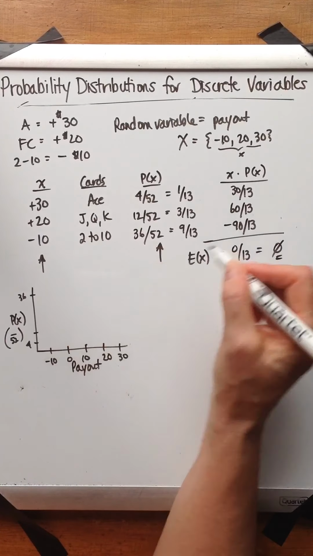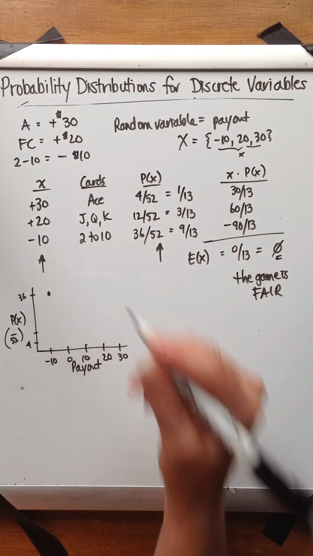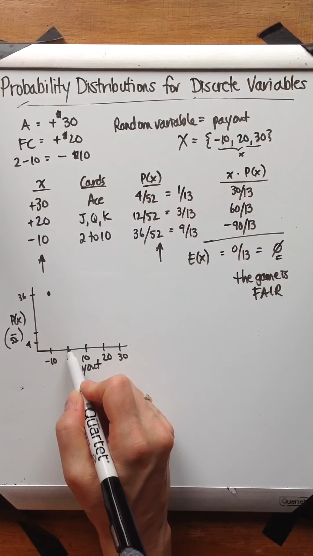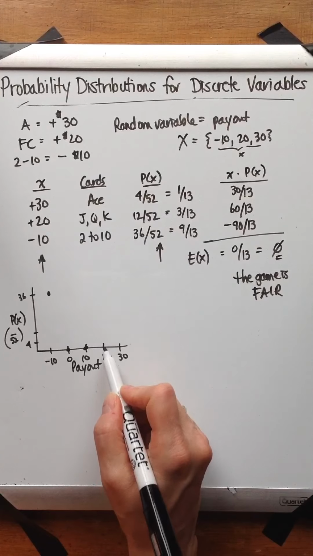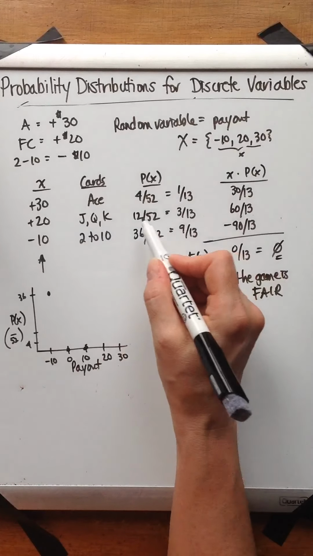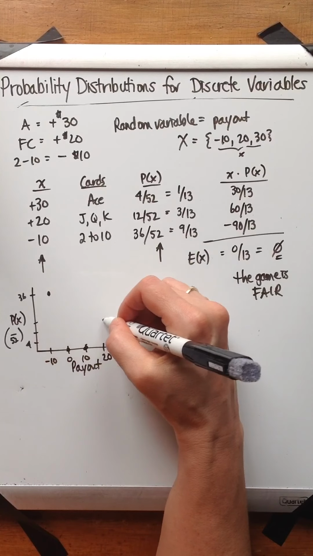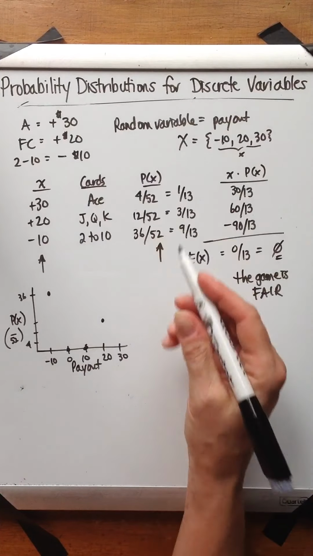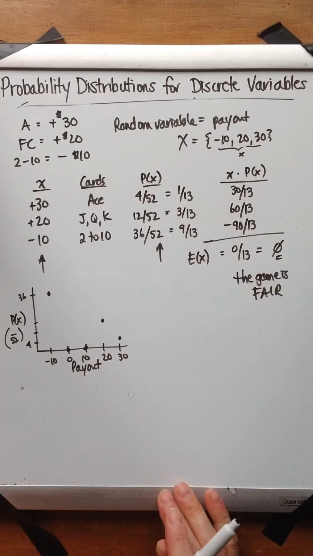That puts it up, or 9/13 or 36/52s, so 52nds. That would put it up here. There's nothing here. Okay, this would be 0 probability. The 20 here, if I'm graphing it out of 52s, we'll go up to 12. So again, if you count by 4s, you'll be able to go about here. And then 4 out of 52 for getting a payout of 30 would be about here.